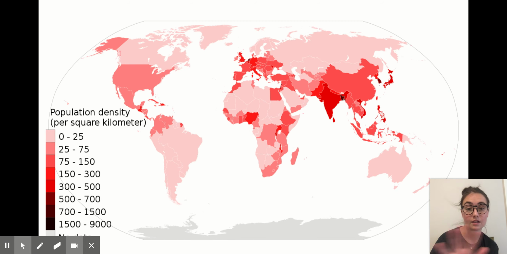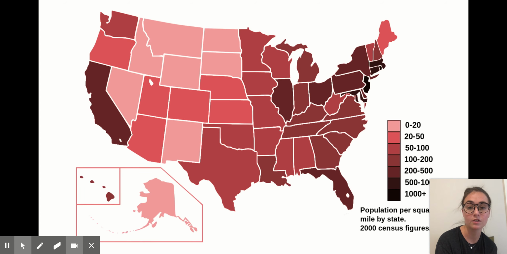This is a world population. I'm just about to show you how it looks when population changes at scale. So this would be population density at a global scale. This would be national, looking at the different states.